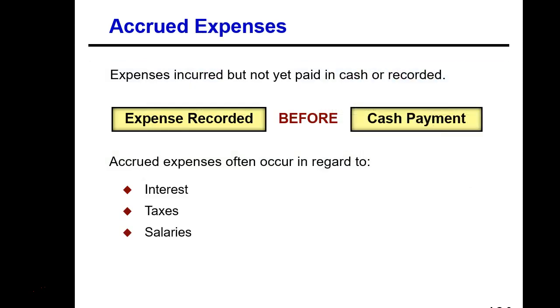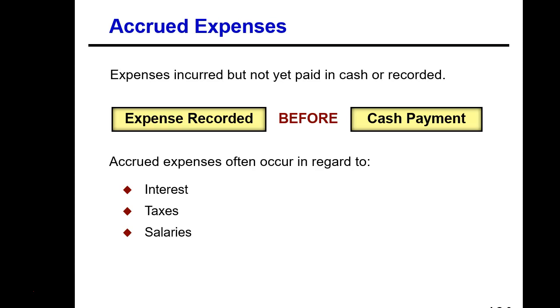Again, accrued expenses are expenses that have already been incurred or taken place, however, they have not yet been paid. So think about interest. When you have a debt that is interest bearing, car loan, mortgage, interest is going to accumulate.